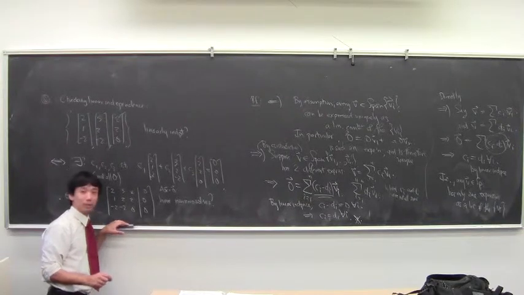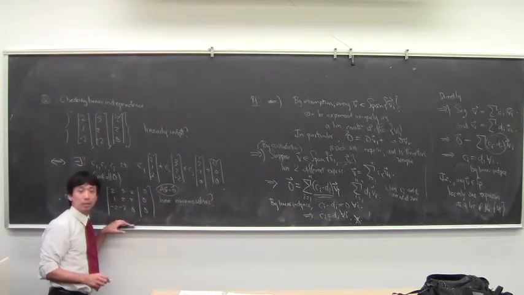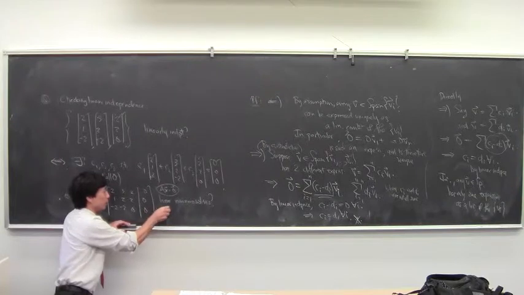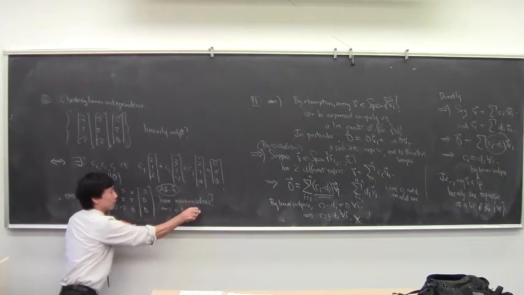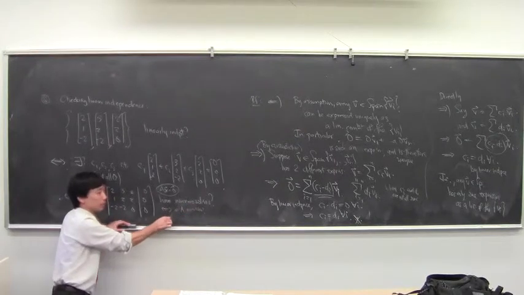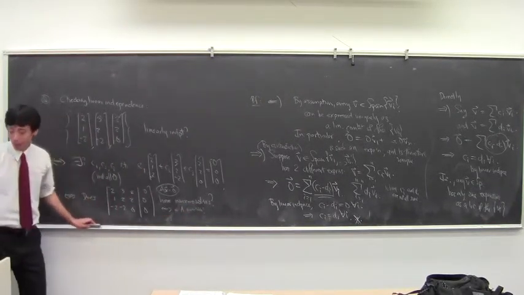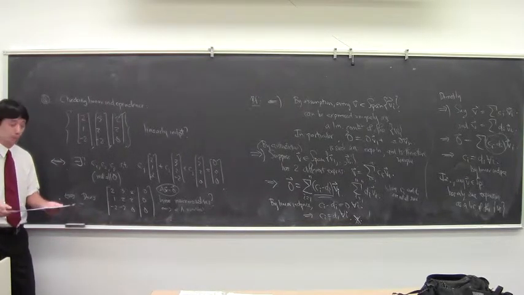And so what's that equivalent to? That should be kind of familiar. That's actually equivalent to invertibility. In other words, is the matrix invertible? Et cetera, et cetera. So it brings us back to that list of equivalent properties.